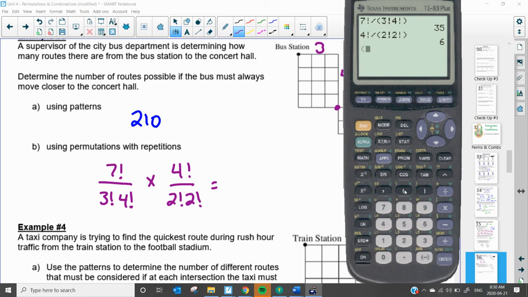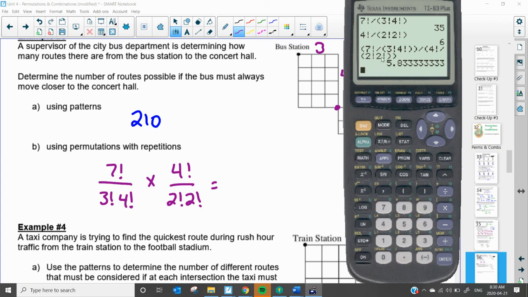If you wanted to put this all in 1 step, you can certainly do that. It's just a little bit more with remembering of the brackets. So you have to close a second bracket there and then divide by your other one. Often I find it's easier just to do them separately and then divide, or multiply in this case.